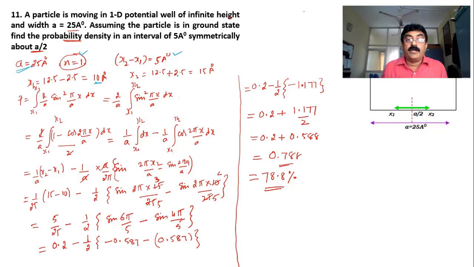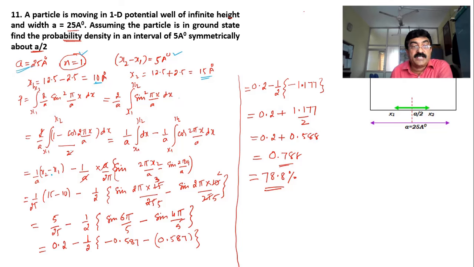Now integration of 2 by a, psi square, sin square of pi x by a. Next, sin square theta I write as 1 minus cos 2 theta by 2, the 2s cancel. It is 1 by a into integral of dx minus 1 by a into integral of cos of 2 pi by a into x.